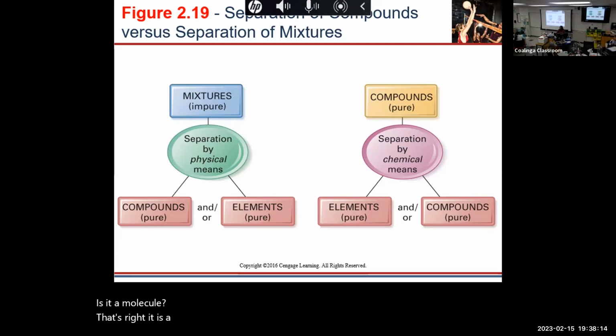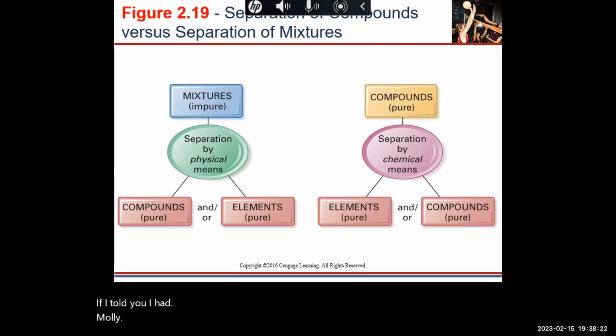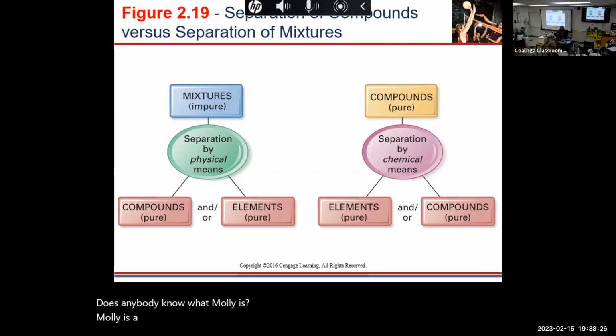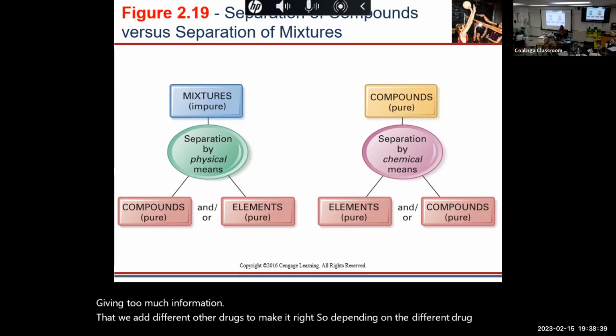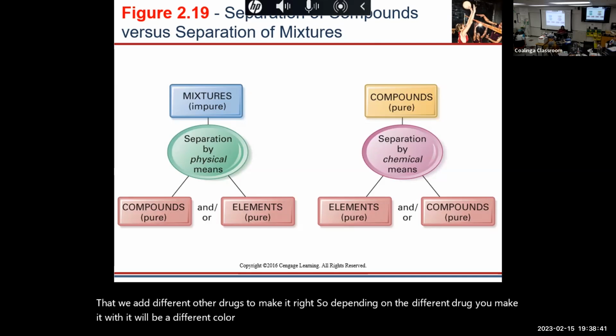If I told you I had Molly. Molly is a drug, and it's often a drug that we add different other drugs to. Depending on the different drug you make it with, it will be a different color and have a different effect.